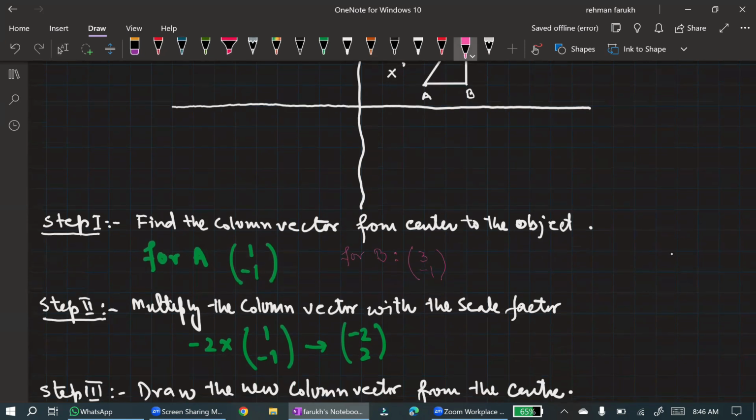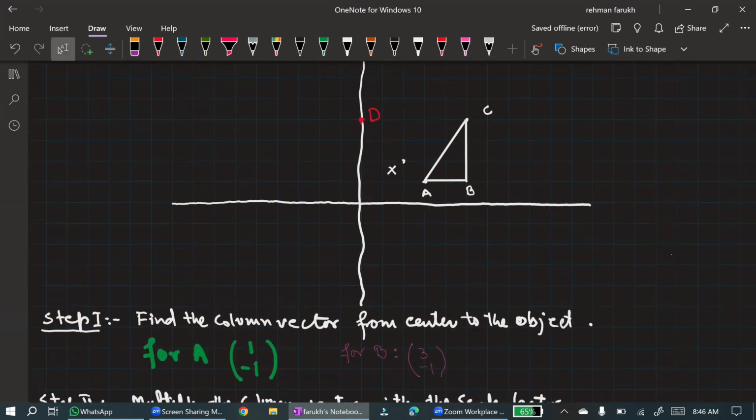After multiplying this with minus 2, the new column vector is minus 6 and positive 2. Now, stand at X, move 6 units towards left: 1, 2, 3, 4, 5, and 6. And 2 units up. This one is the point E.